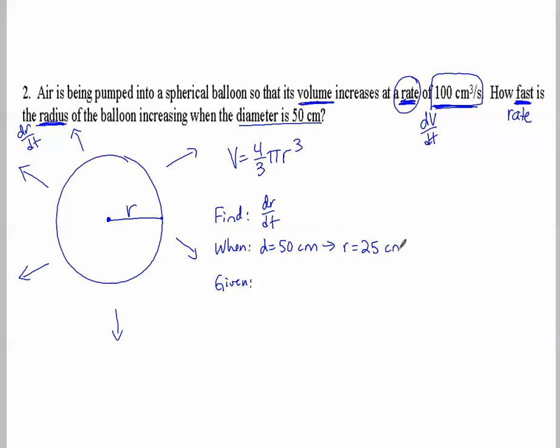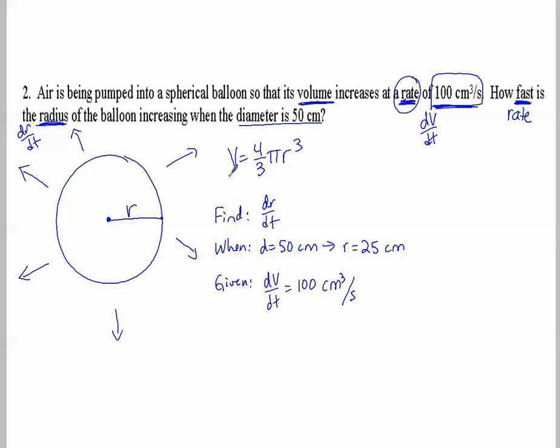So radius is 25 centimeters. Given any other information, yep, dV/dt is 100 centimeters cubed per second. It is an increasing scenario, so this is a positive rate.